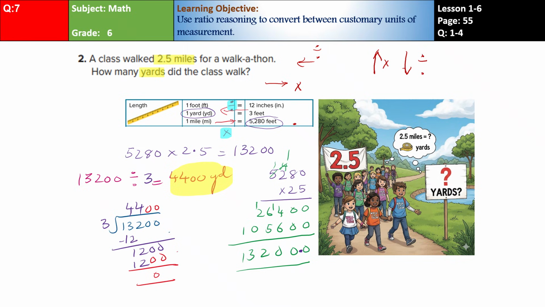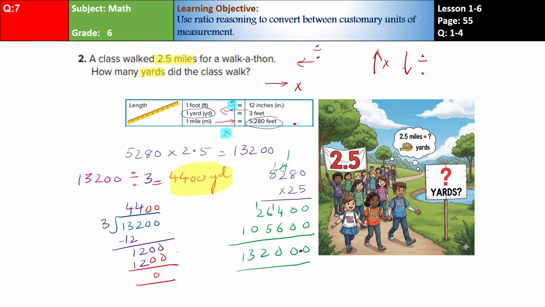So 5280 times 2.5, I did the working here. It gave you 13200. And there was 1 decimal point, so the last 0 is gone. So it is 13200.0. Now we have 1 yard equals 3 feet, but we have to convert the feet into yards. Feet is a smaller unit and yard is a bigger unit.